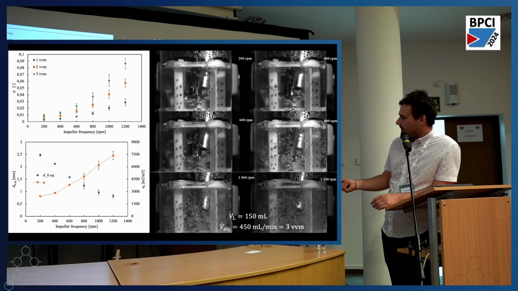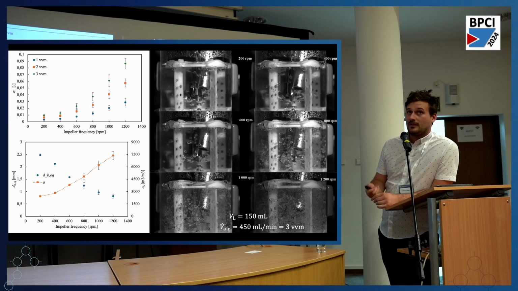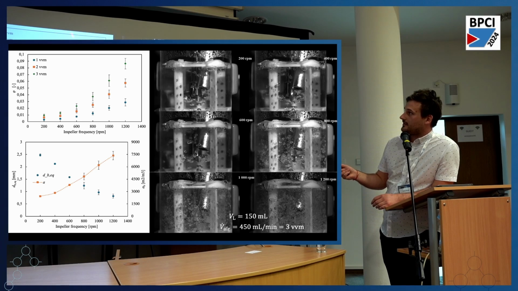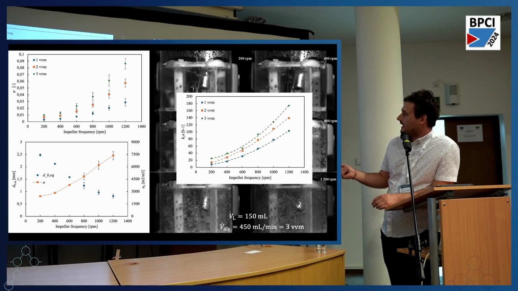The smaller the bubble is, the higher the specific surface of the bubble is. So if we take the longest contact time expressed as a gas holdup and the smallest bubble we are able to generate, we should get the most effective oxygen mass transfer, equal to the highest value of KLA obtained.